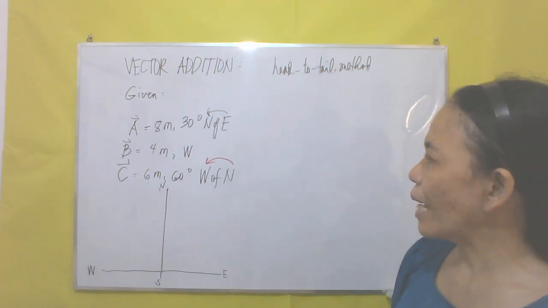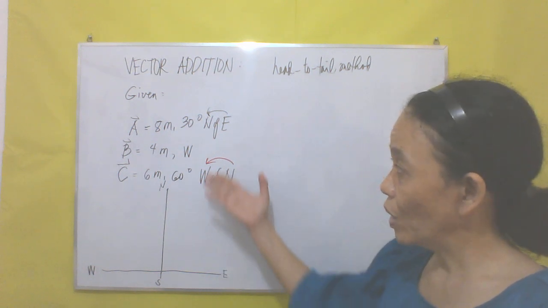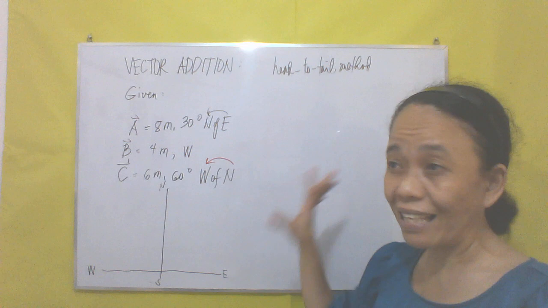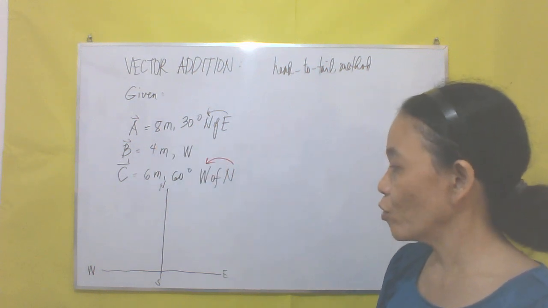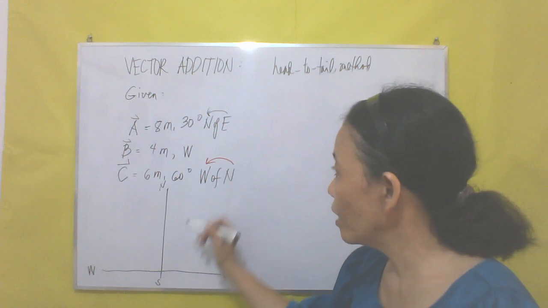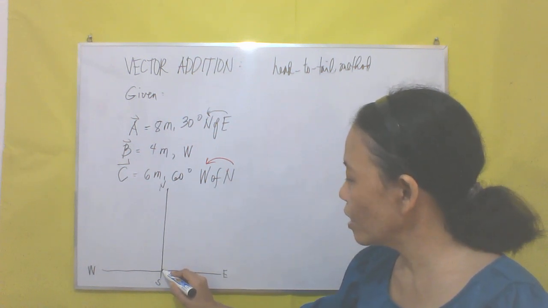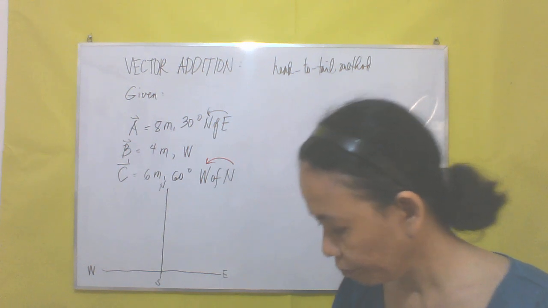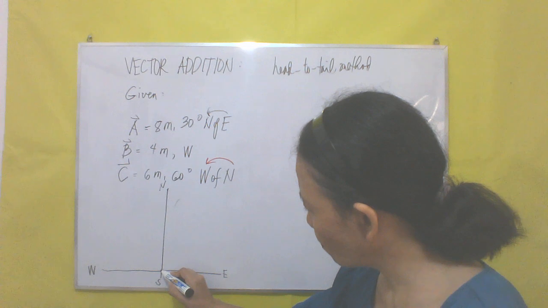So 8 meters 30 degrees north of east. This is just a representation. Again, this whiteboard is not enough to draw 8 meters, so we just assume that this would be the 8 meters. 30 degrees is somewhere here.